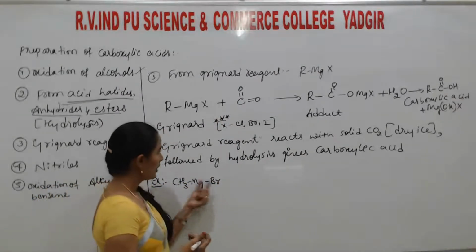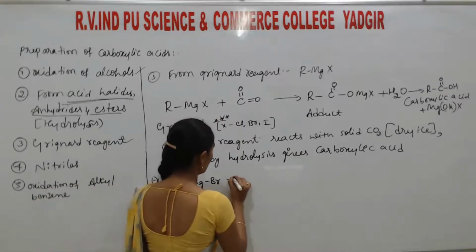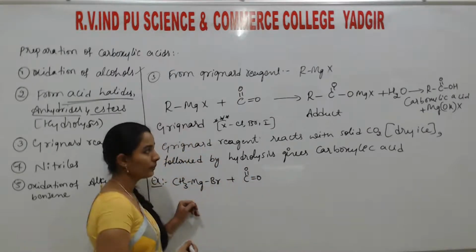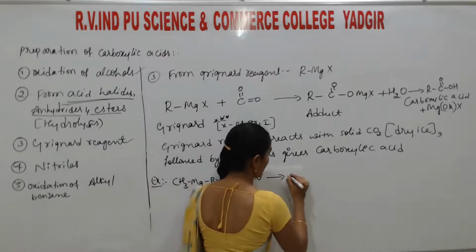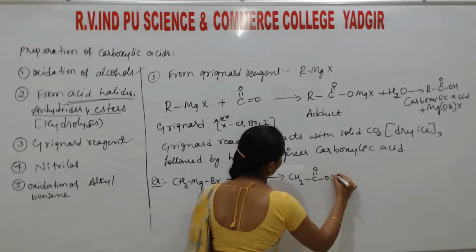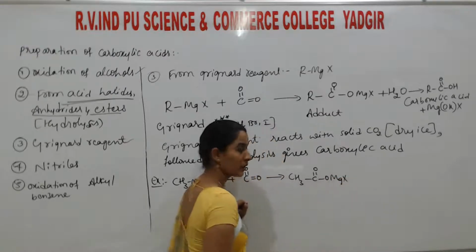So CH3MgBr plus CO2; you may directly write CO2 here. Then they form CH3-C(=O)-O-MgX.